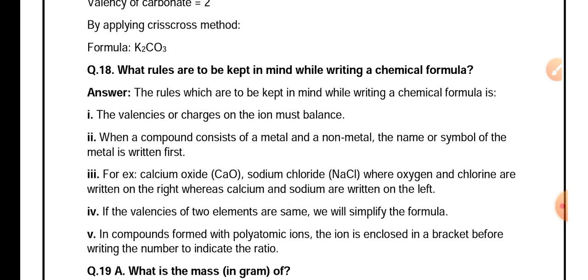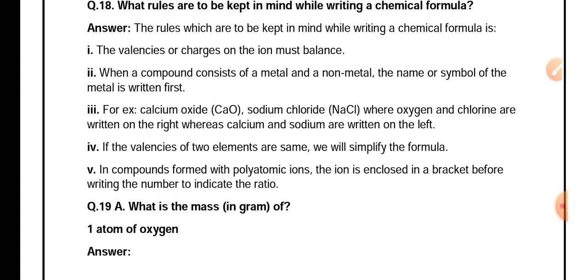If the valencies of the two elements are the same, we simplify the formula. In a compound formed with polyatomic ions, the ions are enclosed in brackets.